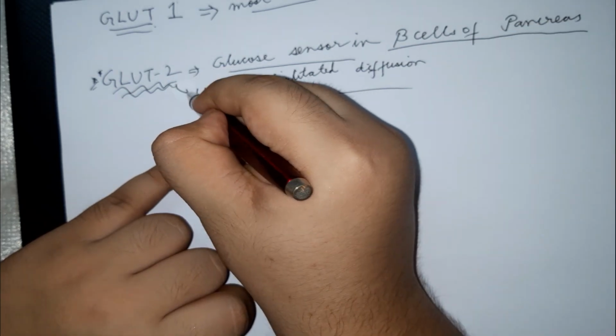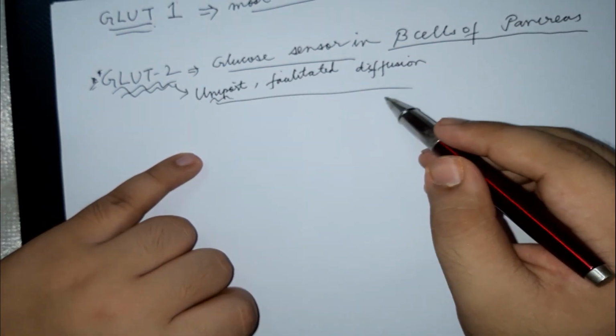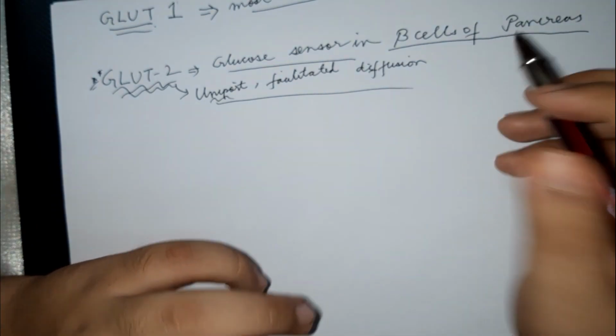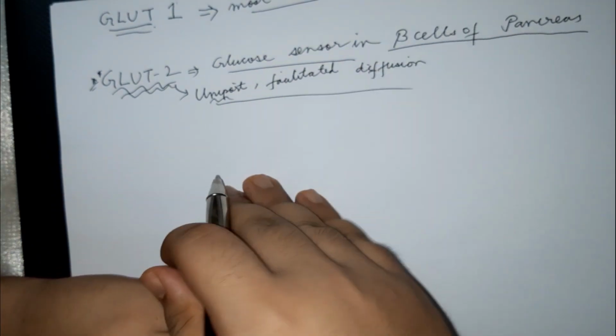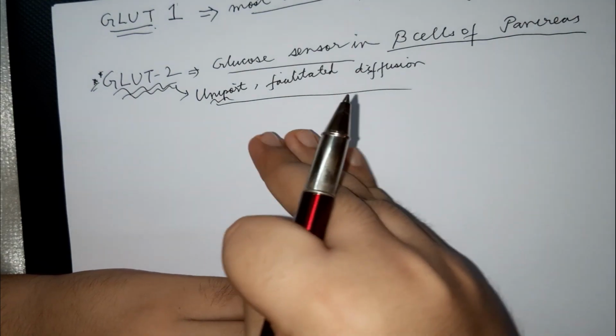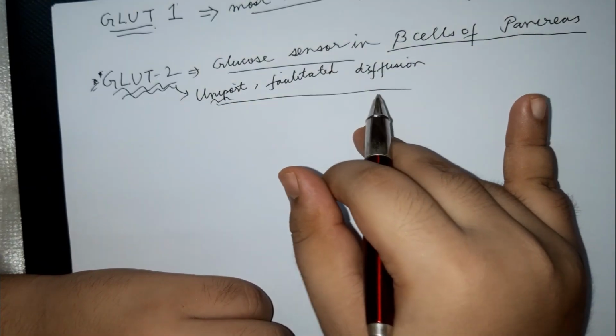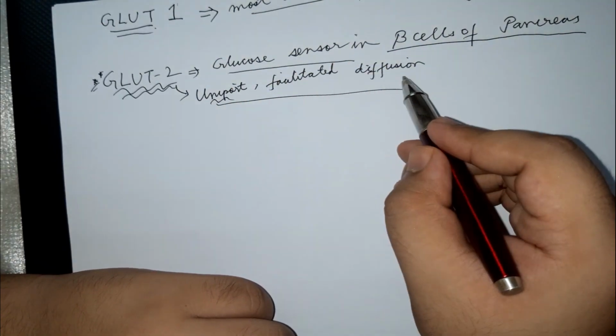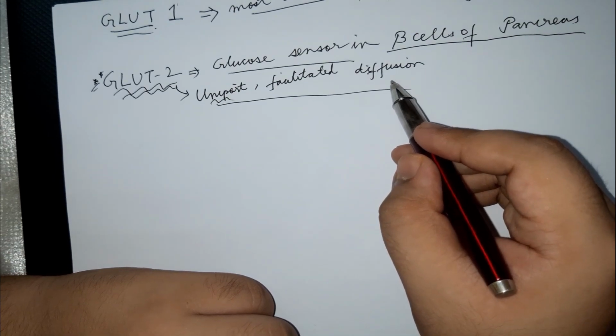So GLUT2 follows the uniport facilitated diffusion system, just like SGLUT was following the co-transport secondary active kind of transport mechanism.